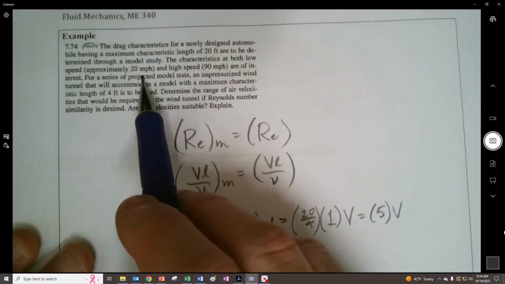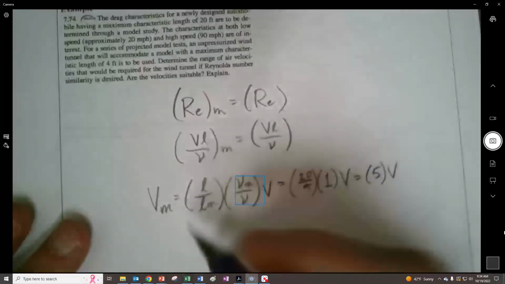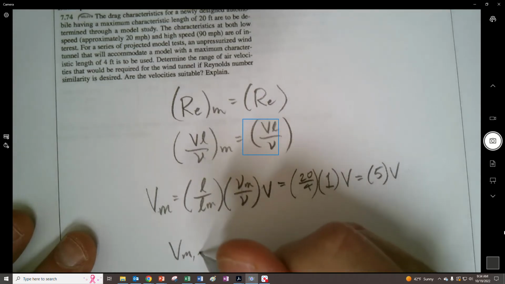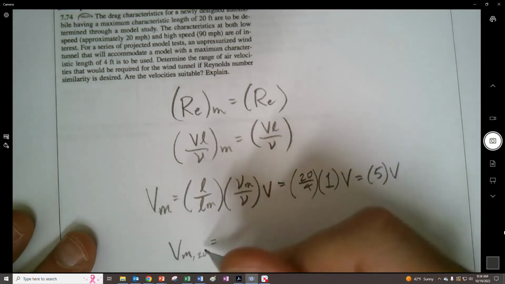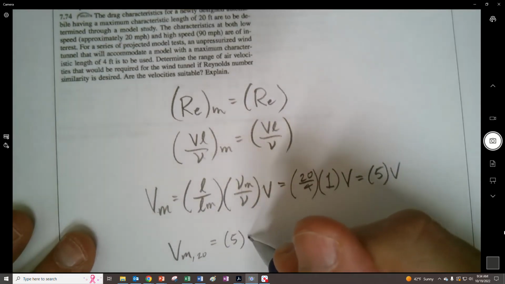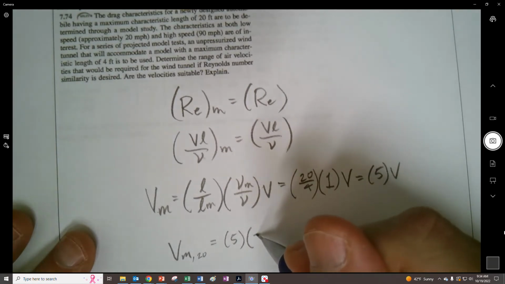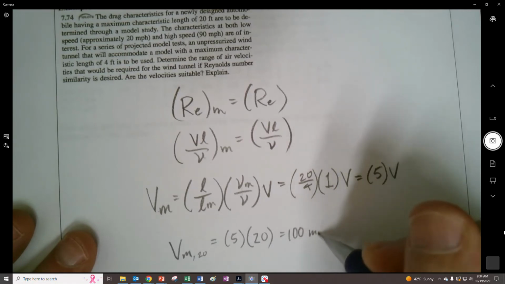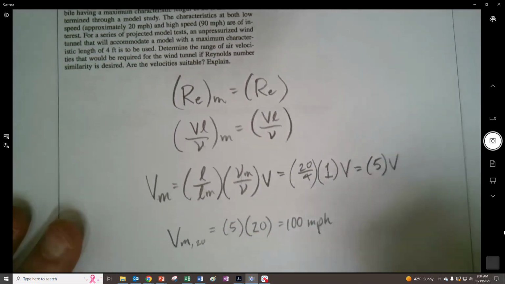And we're saying we're going to go from 20 to 90. So the model at 20 miles per hour is going to be 100. We could do that math in your head, 100 miles per hour. Maybe that's okay.